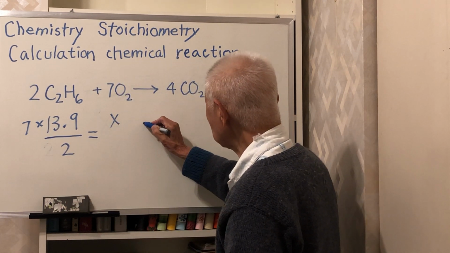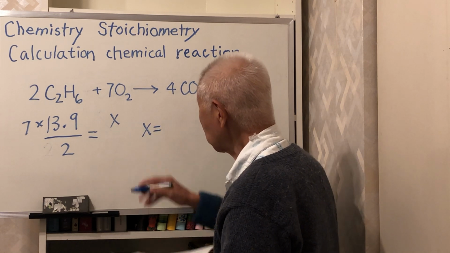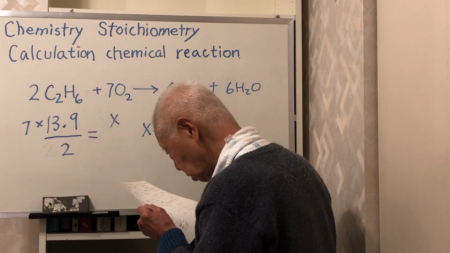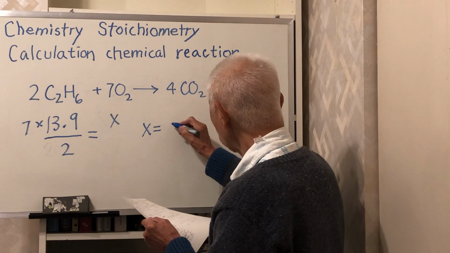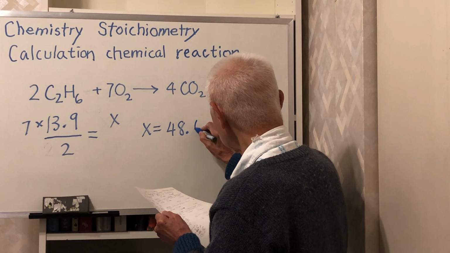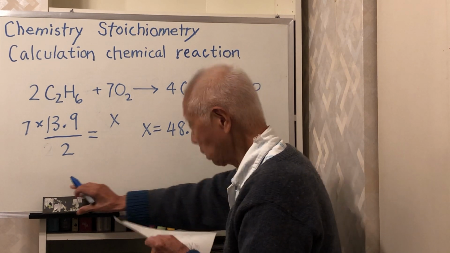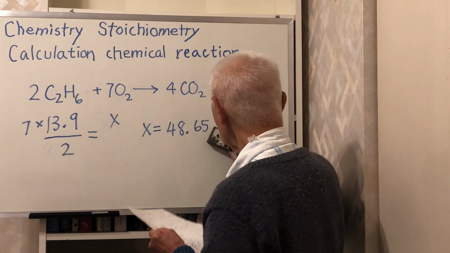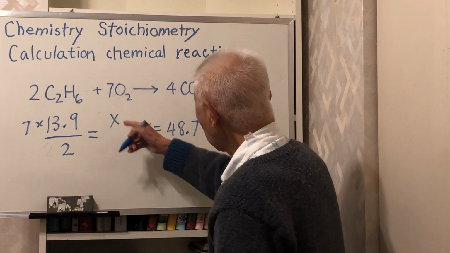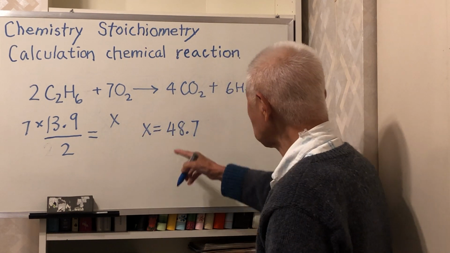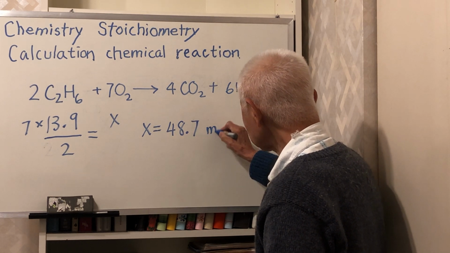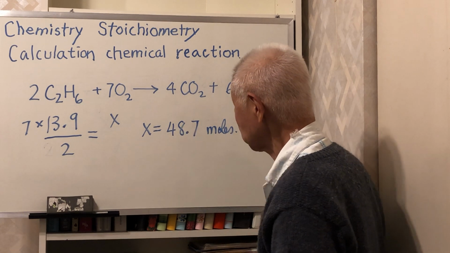So X is equal to, just use your calculator, 48.65. Okay, so let's write 48.7. So I need oxygen. How many moles of oxygen? 48.7 moles of oxygen.